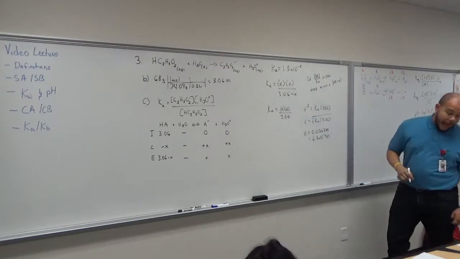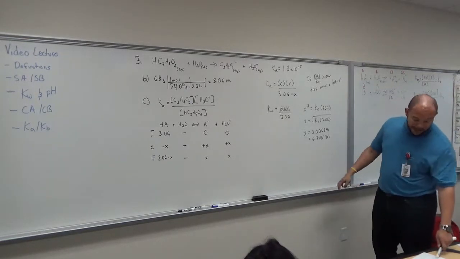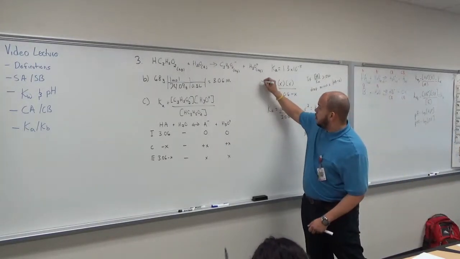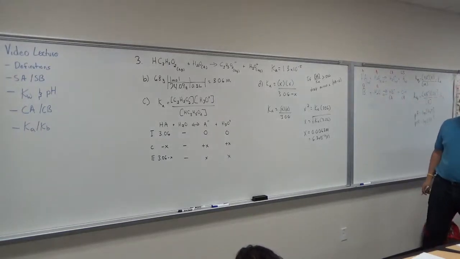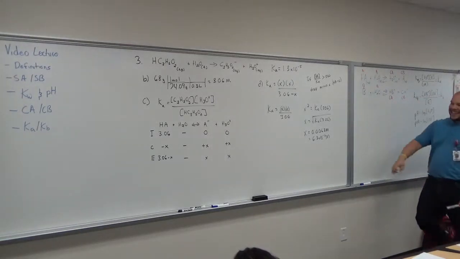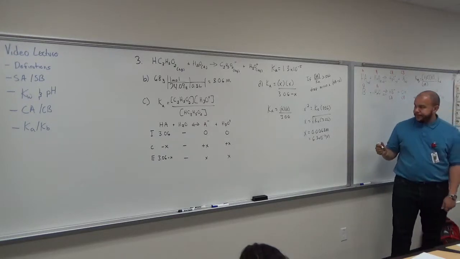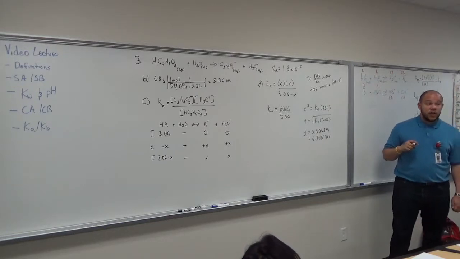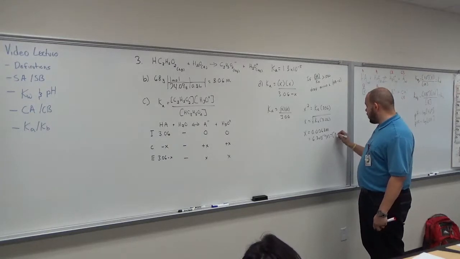Okay, so now I've done the work beyond what I asked you because I'm answering D, where D asks you to calculate the pH. X is not the pH. X is equal to what? The concentration of hydronium, which is what we need to calculate pH.